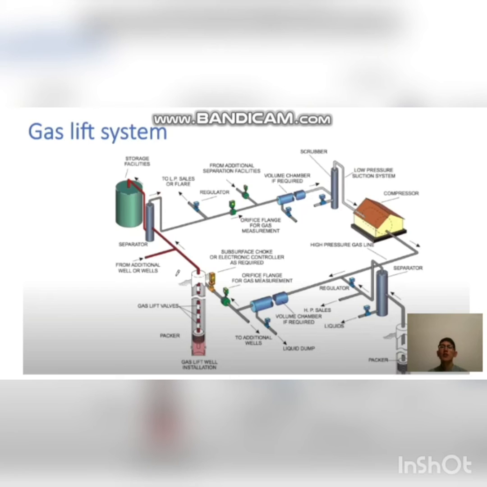So in the picture, the gas lift system. When we produce our petroleum, it goes to our separator, and from the separator our gas, as I said before, is located on the top of the separator.